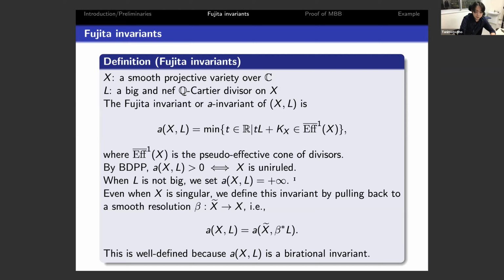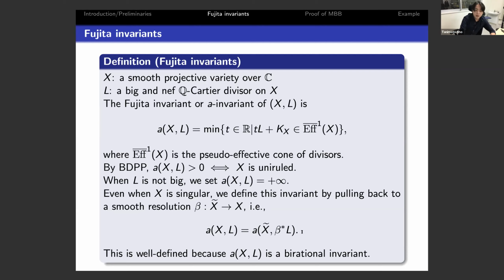So far we have defined this invariant for smooth projective varieties, but I'd like to define it for singular varieties. When X is singular, we define this invariant by passing to a smooth resolution. Take a smooth resolution beta, take the pullback, and define a(X, L) to be a(X tilde, beta star L). This is well defined because this invariant is invariant under pullback by birational morphisms between smooth projective varieties.